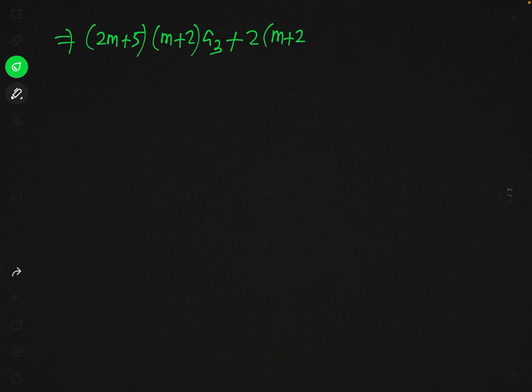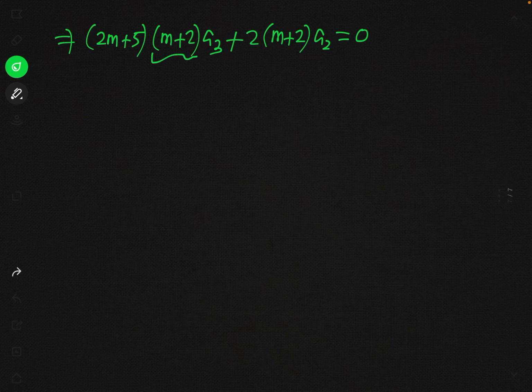So what will be our result? You can easily see that this can be written as 2m plus 5 into m plus 2 into a3, and plus 2 into m plus 2 into a2, and that will be equal to 0.